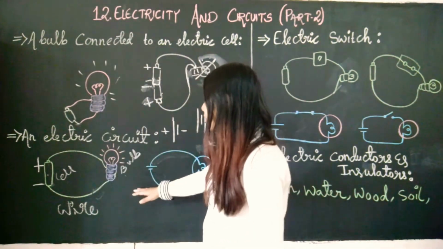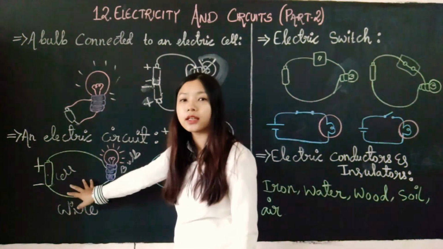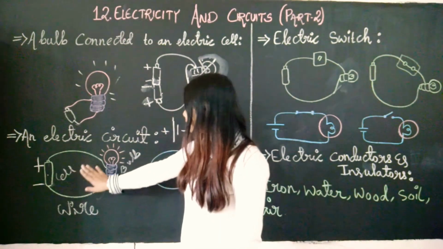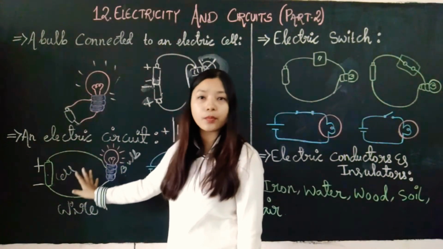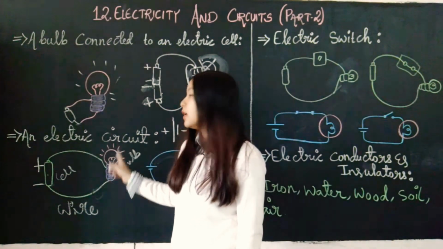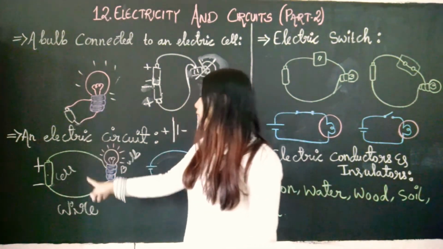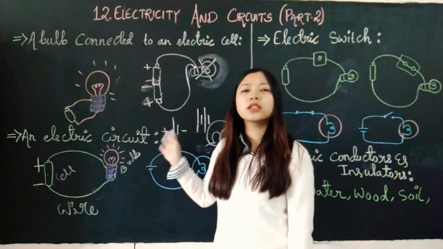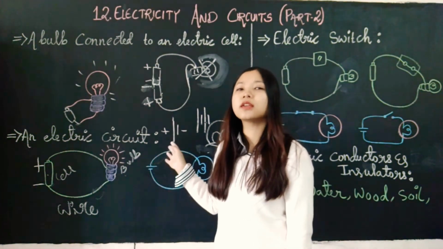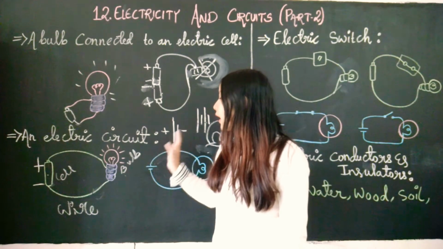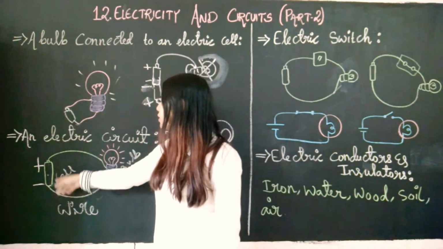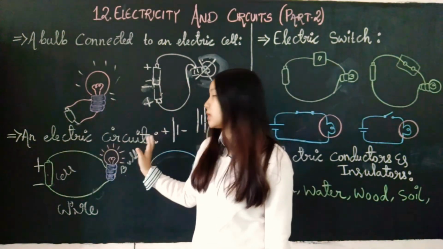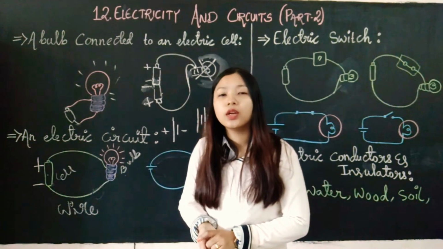Now here you see, children, if this is an electric circuit connected in a proper way and our bulb is glowing, when we connect it, the bulb will glow continuously. It will use all the electricity in the battery, and when it is drained out, the bulb will not glow.